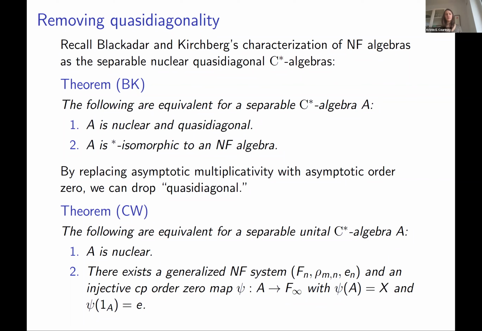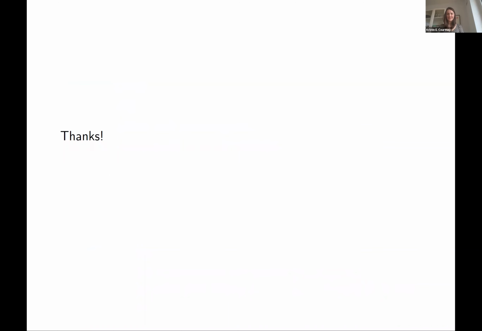This is really just using the structure of completely positive order 0 maps to take away the necessity of multiplicativity to give us these C-star structures. And with that, I will end. Thank you.